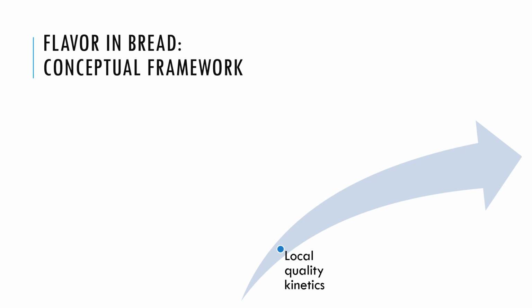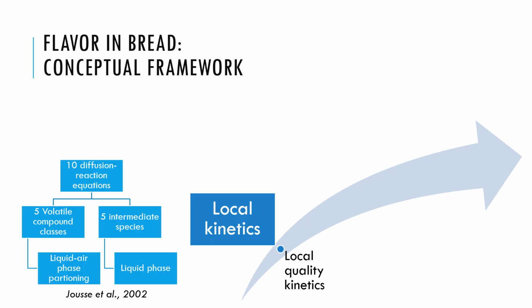In the case of bread baking, the flavors have been extensively studied quantitatively in one research paper by Fabian, and it consists of 10 diffusion reaction equations, and all of those equations have their rate constants, and those rate constants depend on temperature, and could depend on moisture, and so on.